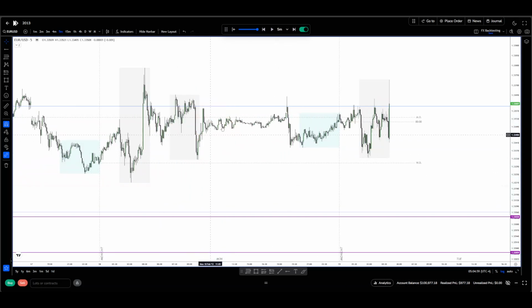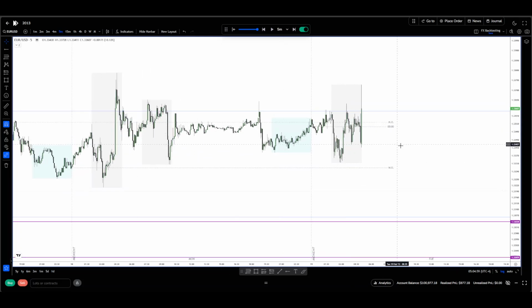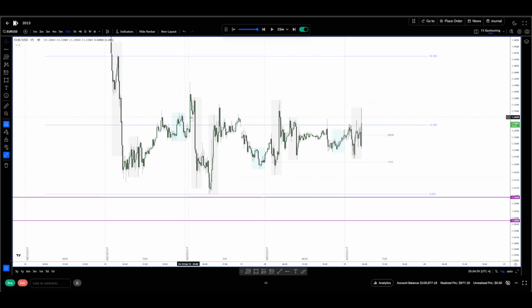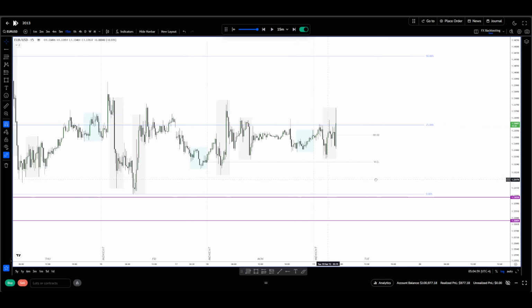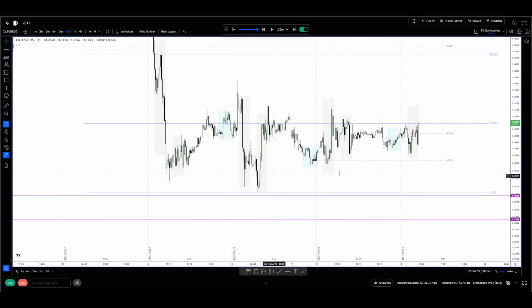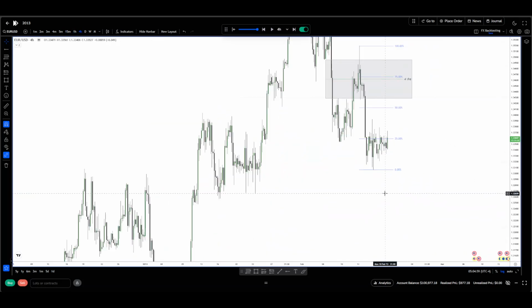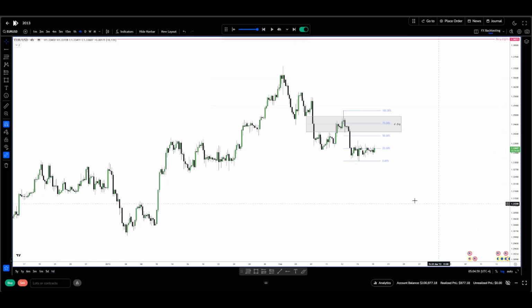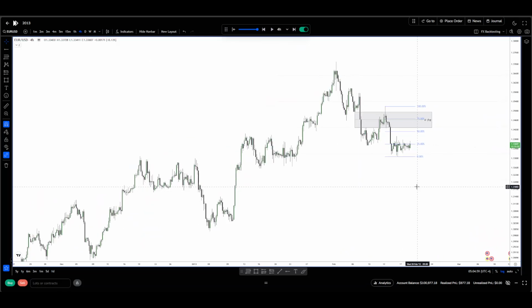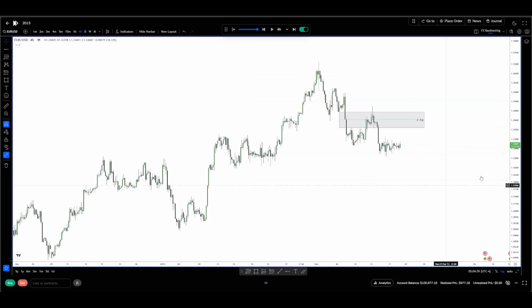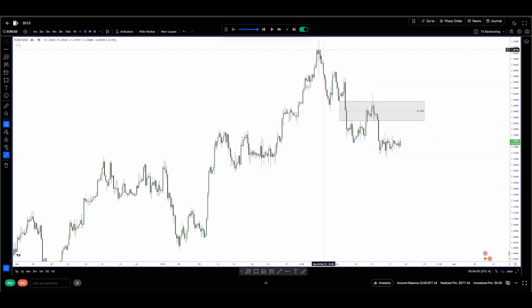Not a good trade. So price is clearly consolidating. It's a very hard condition at this moment. Look at this price action, choppy back and forth. So clearly we are accumulating orders. But the question is, let's see, what do we have? If we look at the 4-hour overall, price is bullish, right?